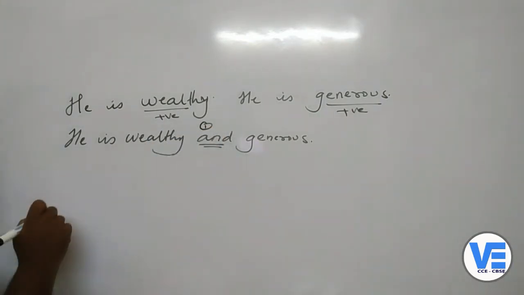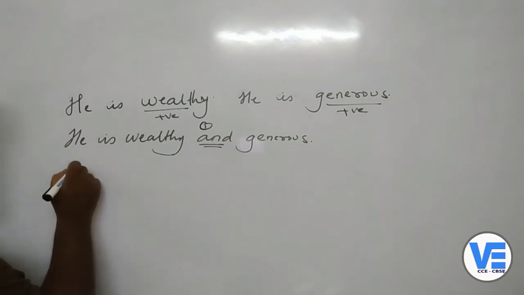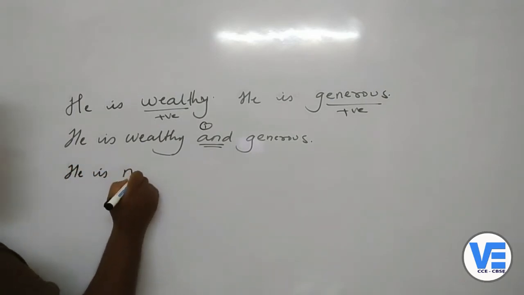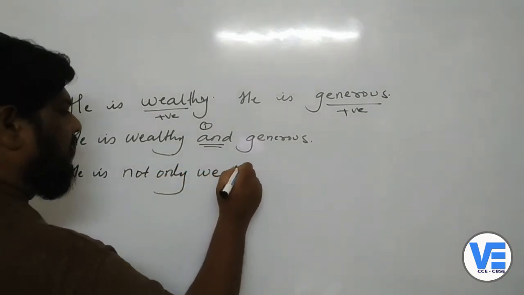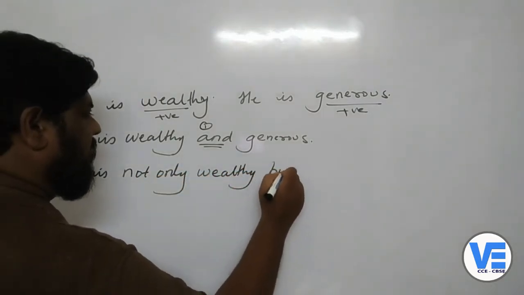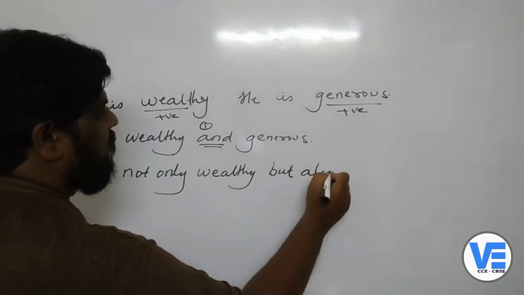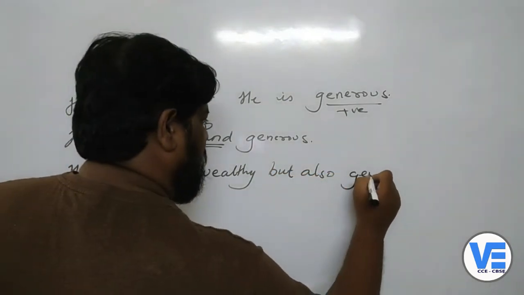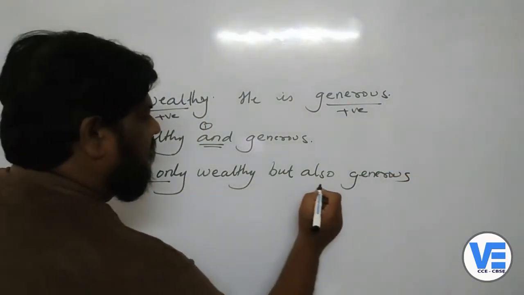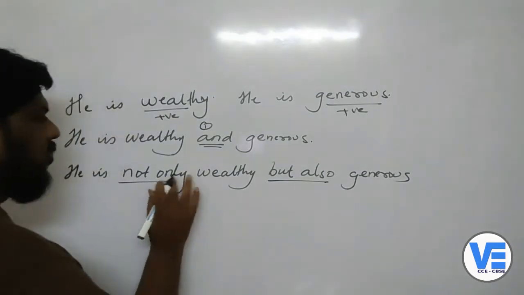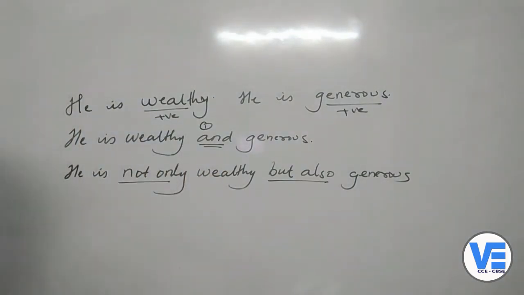And you can use another conjunction: he is not only wealthy but also generous. So here we used the conjunction not only but also. What is the conjunction we have used here? We have used a conjunction which is not only but also.